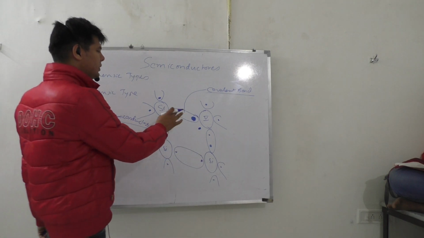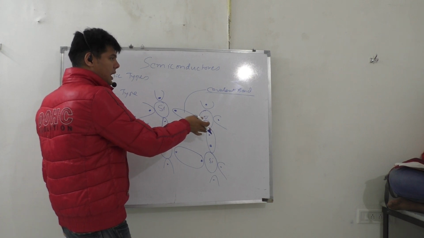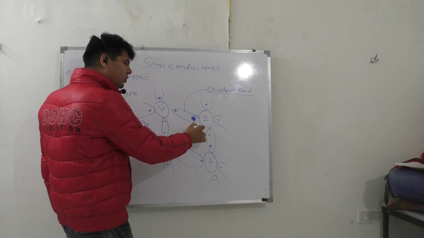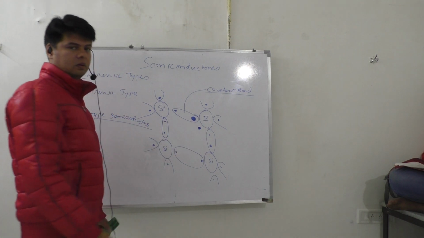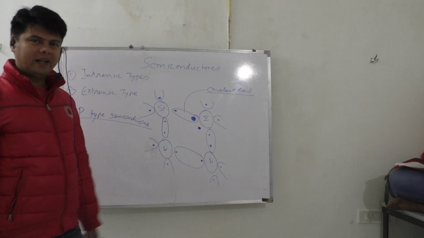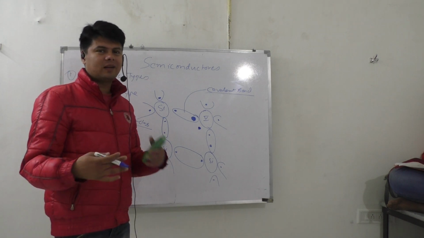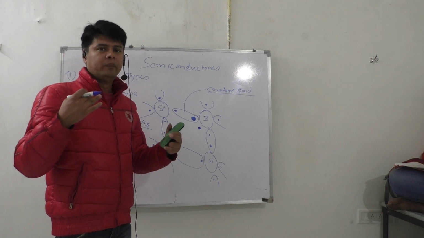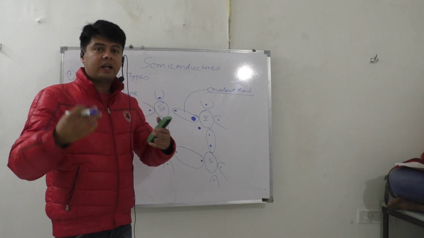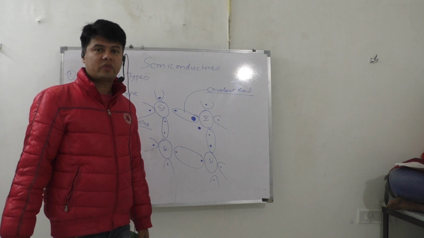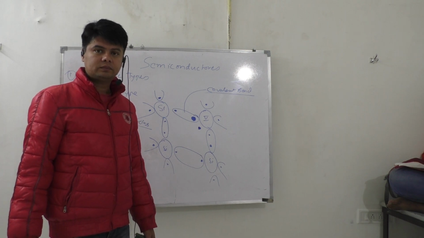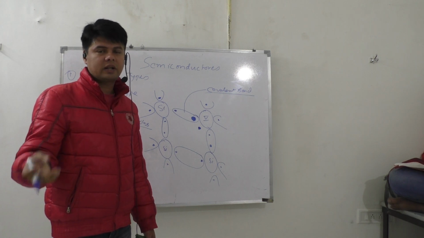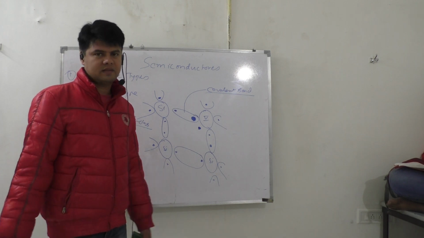ये जो 4 इलेक्ट्रॉन्स हैं एटम्स के, ये तो एक दूसरे से टाइटली बॉन्ड हो गए, बट एक इलेक्ट्रॉन यहाँ पे बच गया है. So now this is called the free electron, and again the concept is going on. Whenever electrons get free, they try to move from one place to another after absorbing some energy, and this energy may be in the form of light, current, heat, voltage and radio waves.